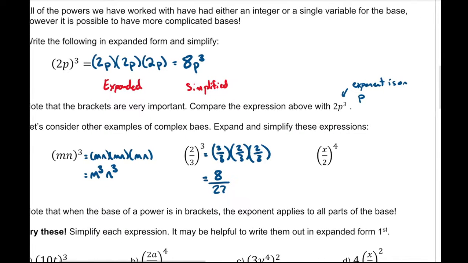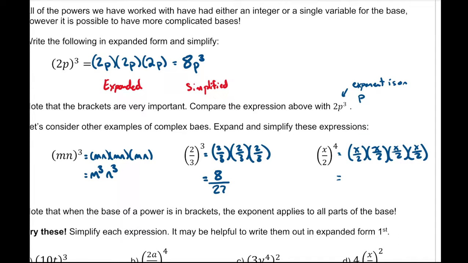And then finally, x over 2 to the power of 4. So we have x over 2 times x over 2 times x over 2 times x over 2. Again, the bracket multiplied by itself 4 times. If I want to simplify this, again with fractions, you multiply the top numbers and then you multiply the bottom numbers separately.